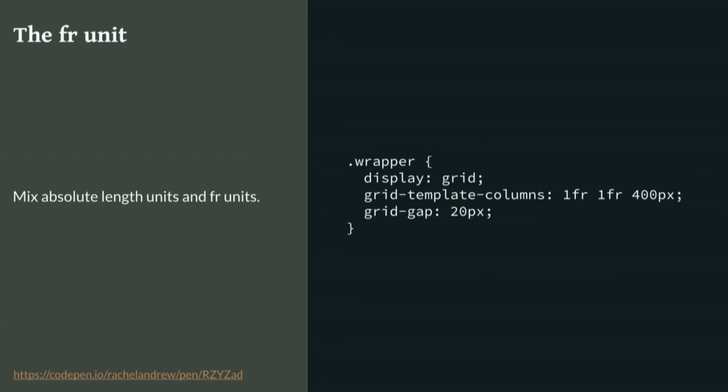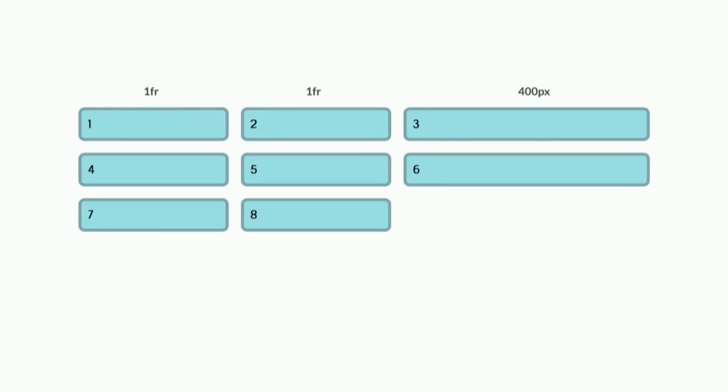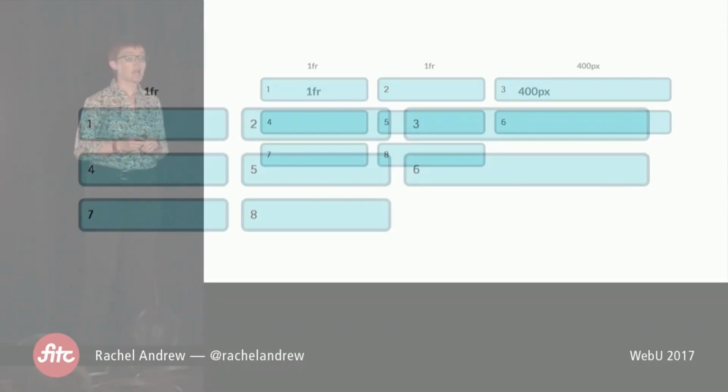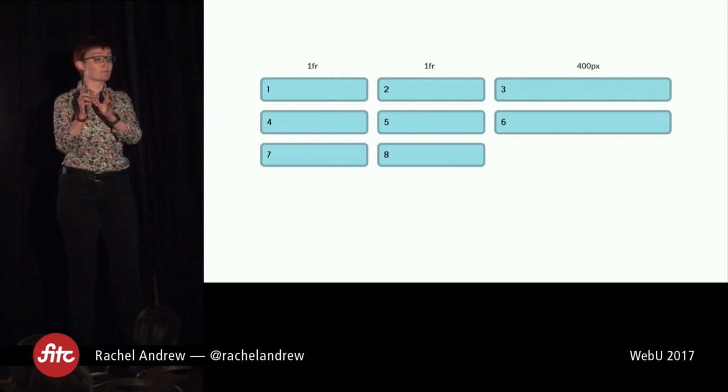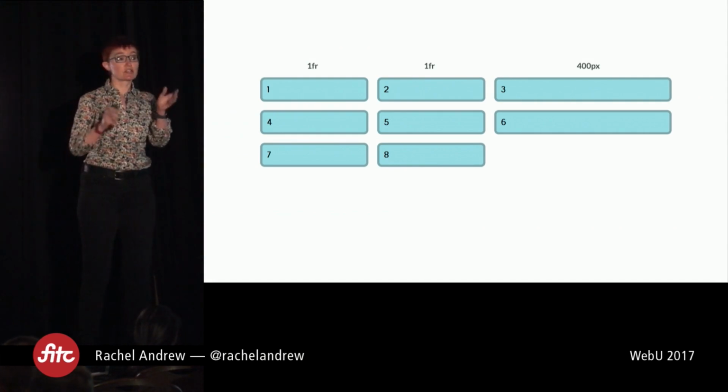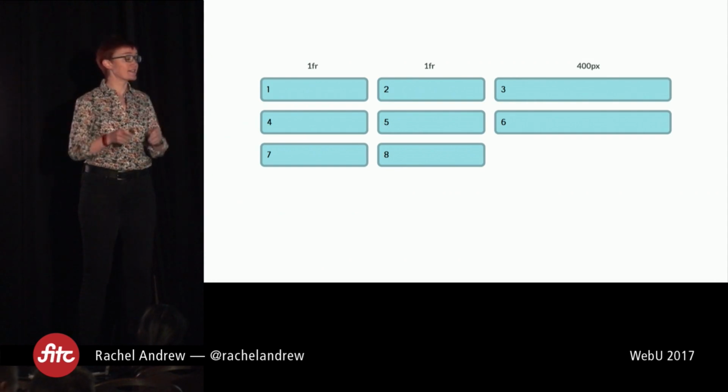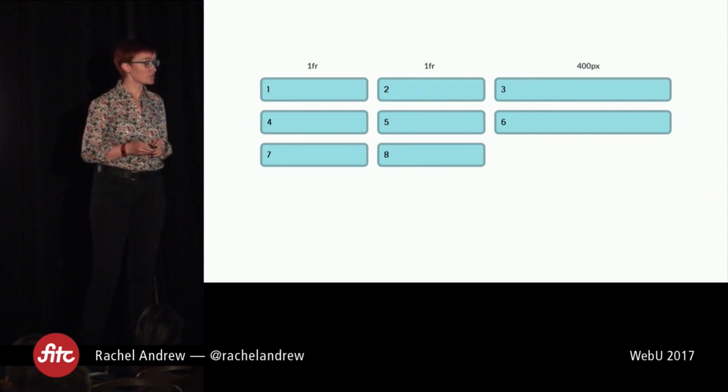So the browser is going to take away the 400 pixels, it's going to take away the space we need for the gutters, and then whatever's left, it's going to share it between those 2 tracks. And so we end up with this. And if the space grows and shrinks, the 400 pixel track will always stay at 400 pixels. It's the other 2 tracks that will be growing and shrinking to take up whatever space they've got.